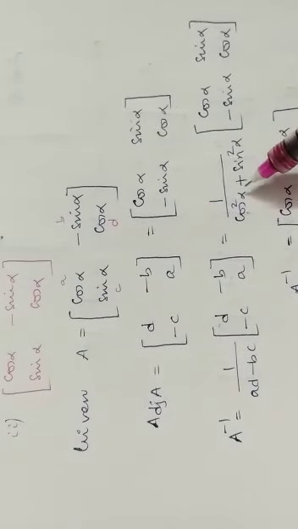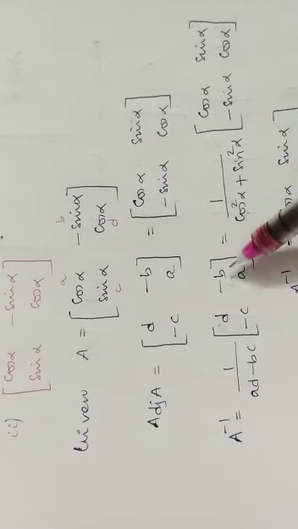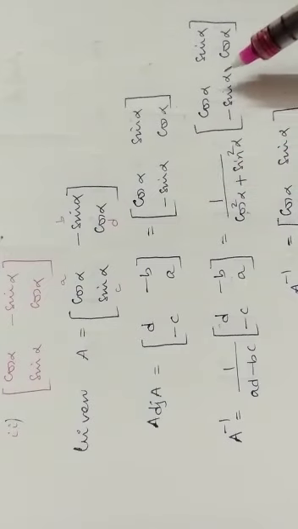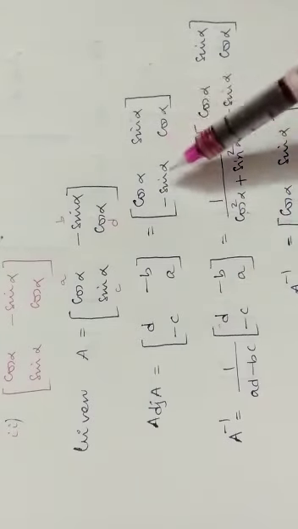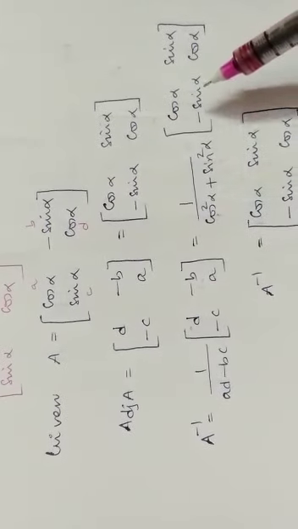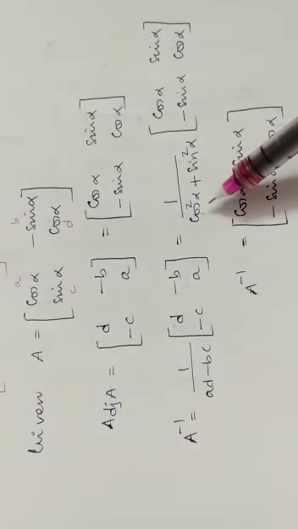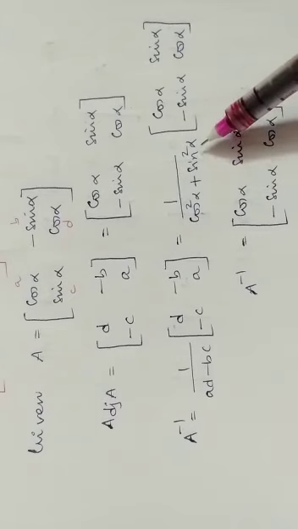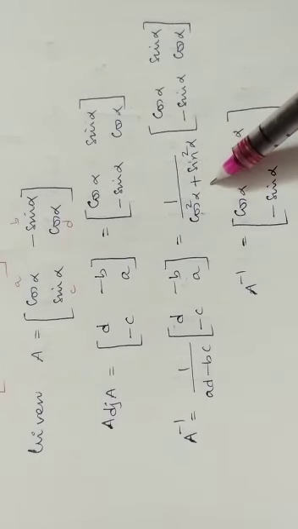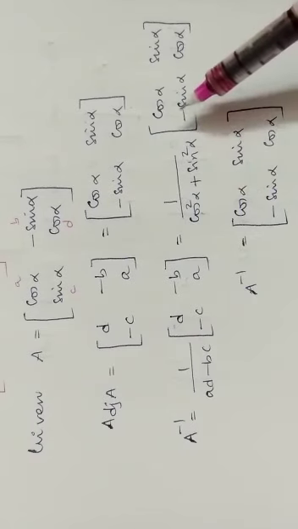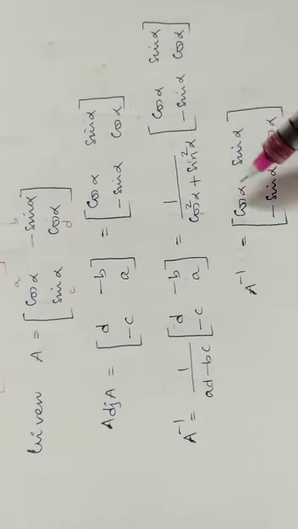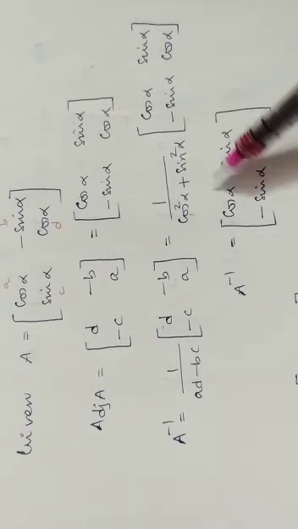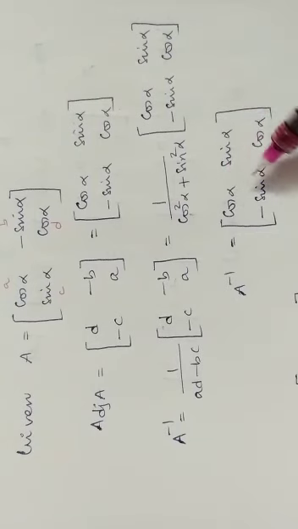Since minus into minus is plus, sin square alpha into the matrix D, minus B, minus C, A. In trigonometry, cos square alpha plus sin square alpha is 1. 1 by 1 is 1. 1 into the matrix is the same: cos alpha, sin alpha, minus sin alpha, cos alpha.